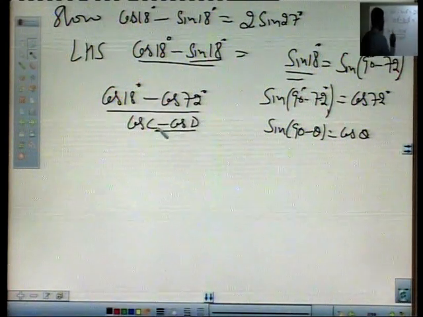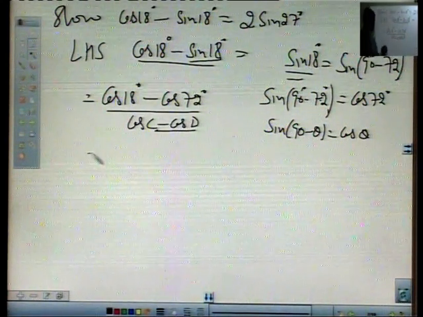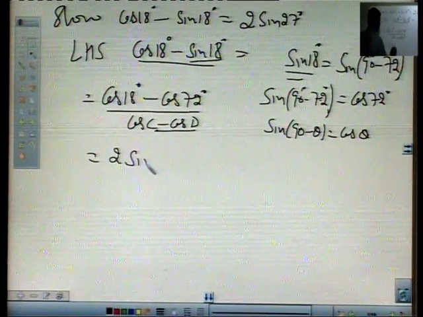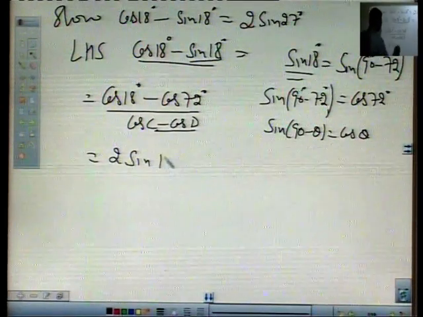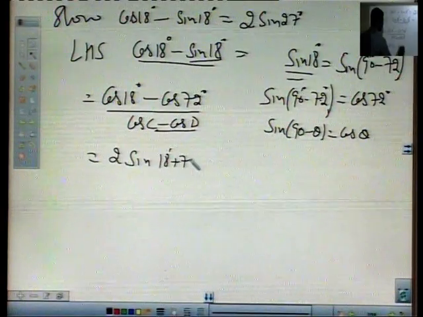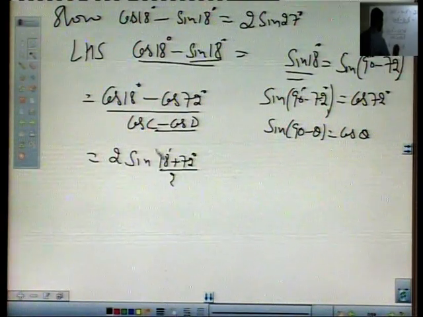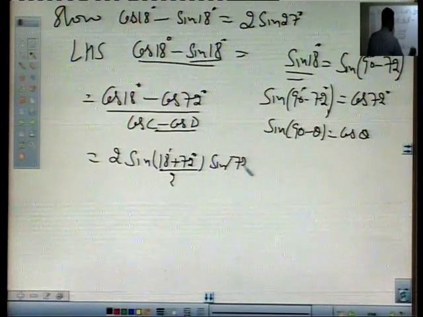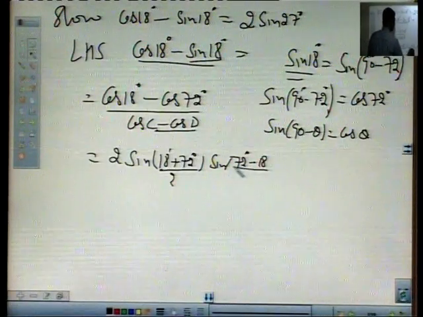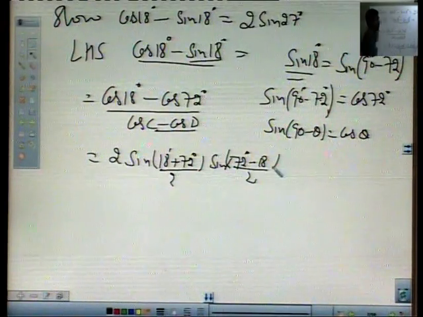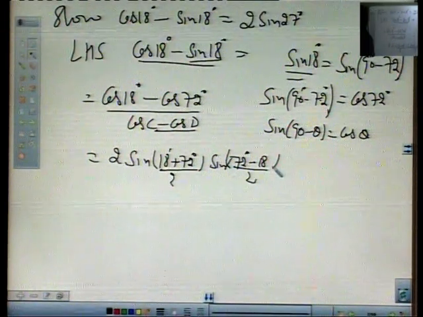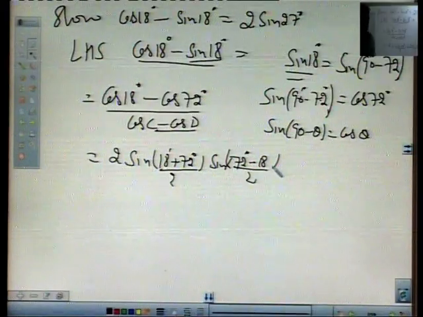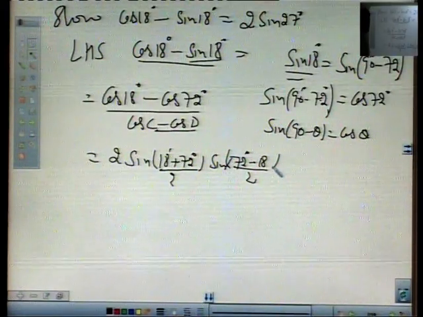So it is 2 sine of 18 degree plus 72 degree by 2 and sine of D minus C, which is 72 degree minus 18 degree by 2.